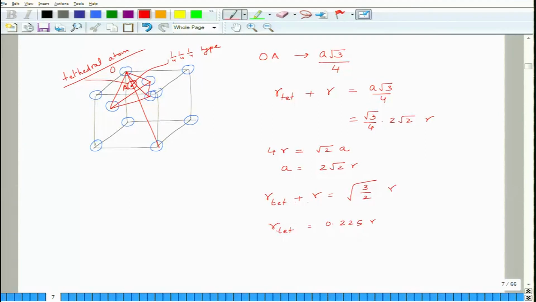So, R tet plus R is equal to root 3 by 2 into R. As a result, you can write R tet to be equal to, if you just work this out, R into root 3 by root 2 minus 1, which is nothing but 1.732 divided by 1.414 minus 1.